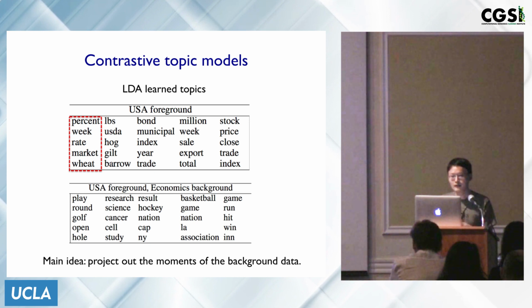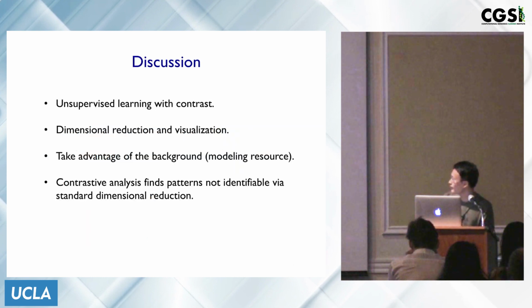In general, I have some more general ways to project away the moments of my background from the moments of my foreground data. That's essentially what the general contrast is trying to do. And once we have these contrastive moments, then we can guarantee that we can learn the contrastive latent variable models. That's essentially what the method is trying to do.